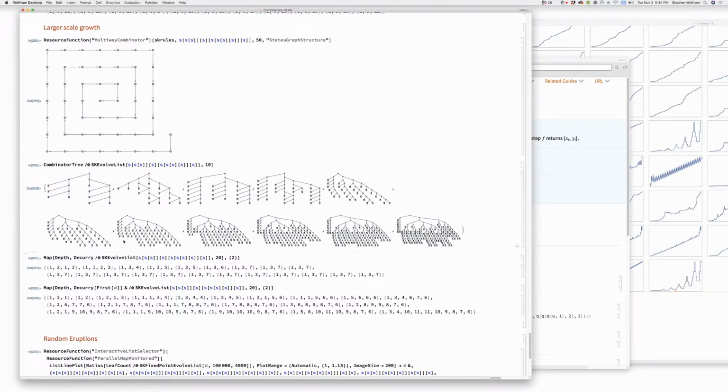I think what's happening is that 135 is... Yeah, I think these are tree depths for these things, and I think this isn't getting any deeper, it's just getting wider. Let's just try running this for 30 steps.